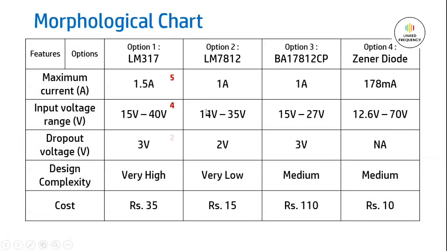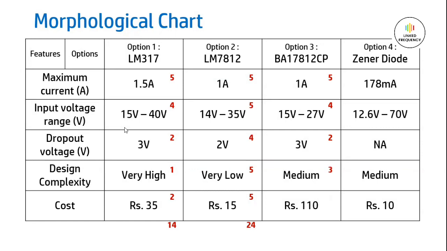First thing, we will be listing all the feature details about that particular component by referring to its own datasheet. That's what we did in our previous tutorial, and that is what I did in this particular morphological chart as well. Thereafter, we will be filling the entire chart with the scores of individual features compared to each other.